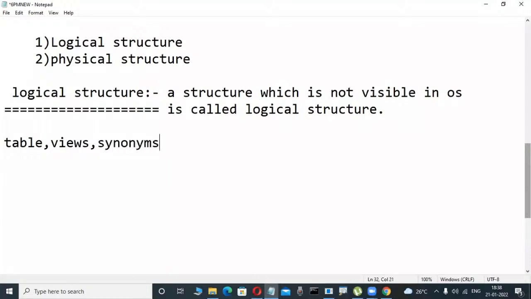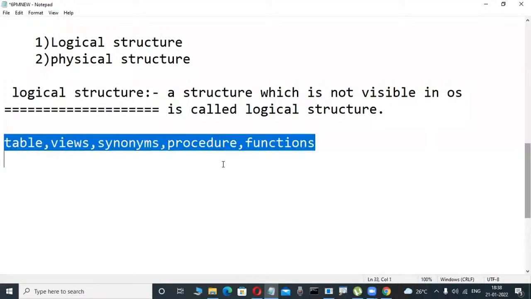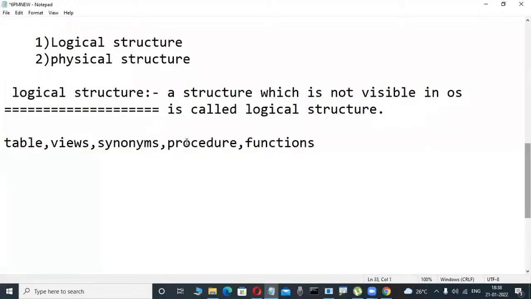These are all database objects. Procedures, functions, triggers, packages, so many things. These are all logical structure, not visible in the operating system.